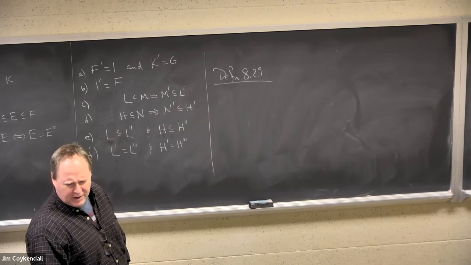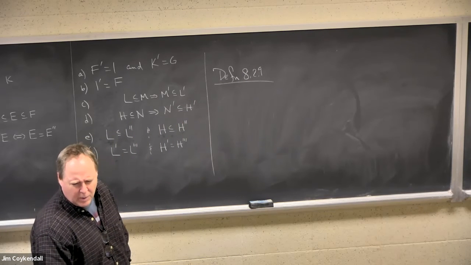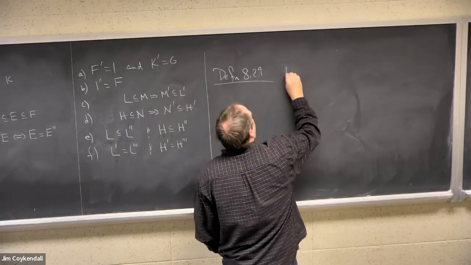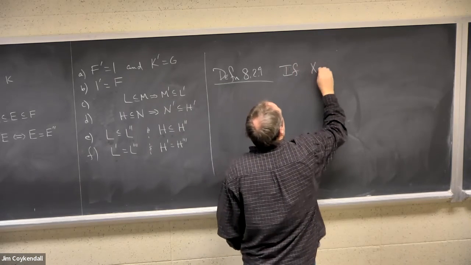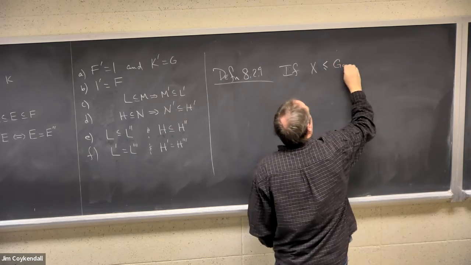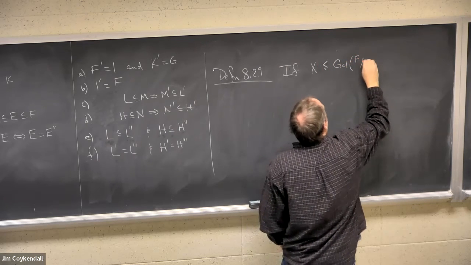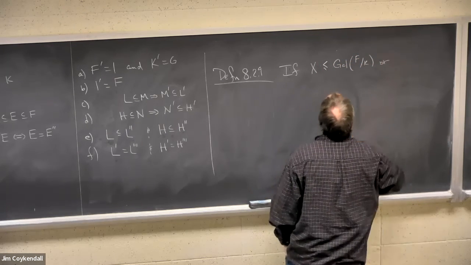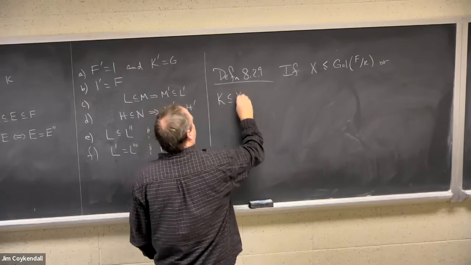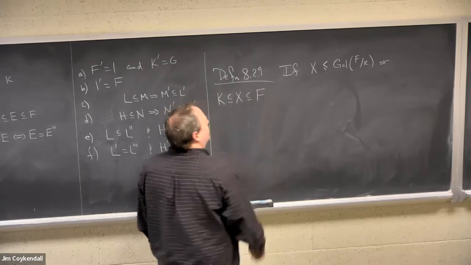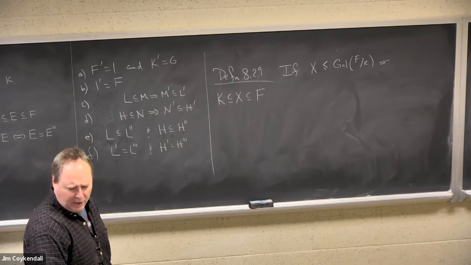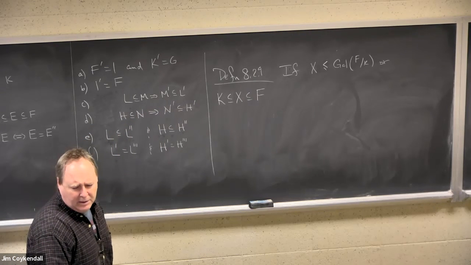Let me say this generally. If X is a subgroup of the Galois group or an intermediate extension, I'm using the variable X to denote either a group or a field, depending on my needs.